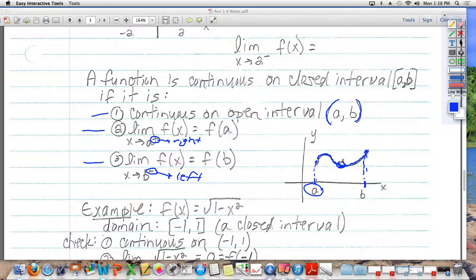There's a break. You don't even have to check anything else after that. As soon as that's not true, you know it's not going to be continuous at the end points also. Or it might be continuous at the end points, but it's not considered continuous over the entire interval because we have a situation where it's not continuous.